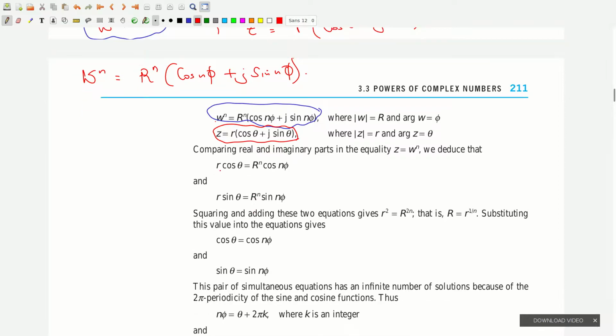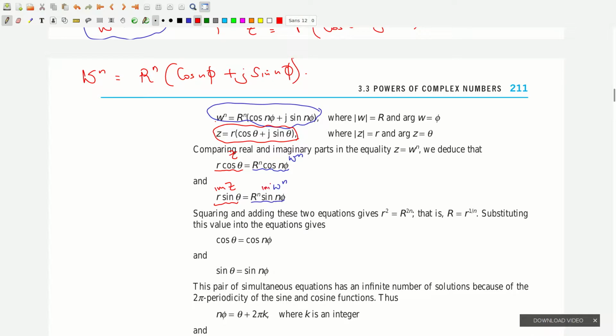So here we equate the two real parts: this is the real part for z, and this is the real part for w to the nth power. And next, this is the imaginary part for w to the n, and this is the imaginary part of z.